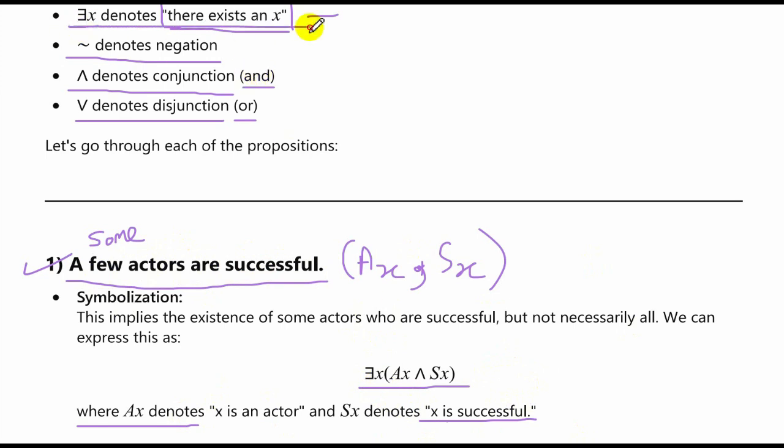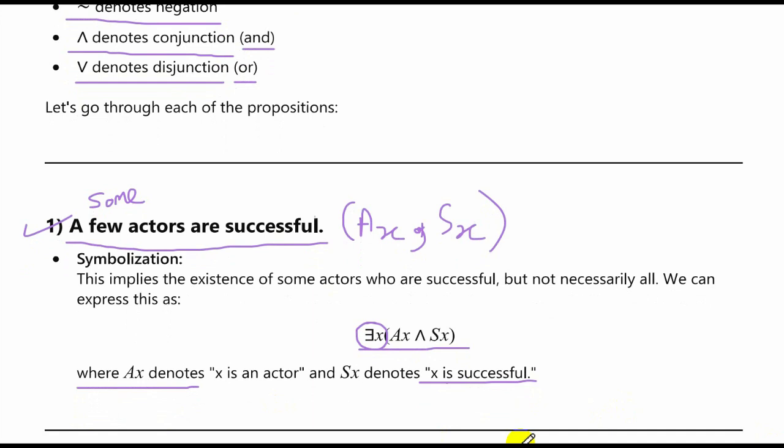There exists an x such that x is an actor and x is successful. That's it. We're done for this.